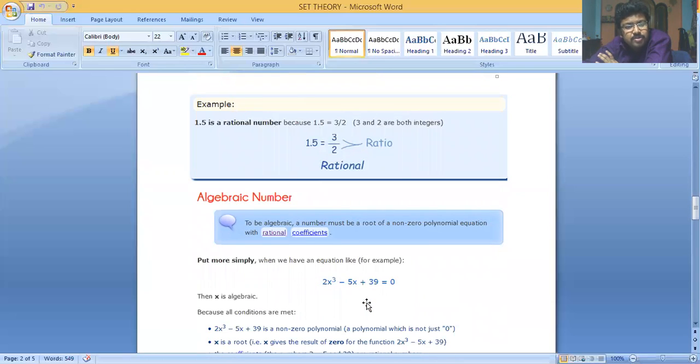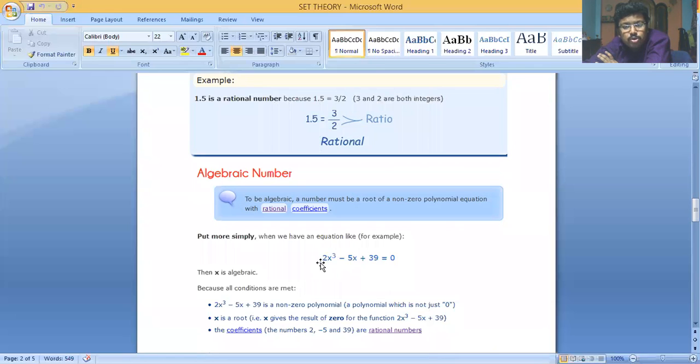Now, algebraic numbers. To be algebraic, a number must be a root of a non-zero polynomial equation with rational coefficients. This is a non-zero polynomial equation because 39 is here.